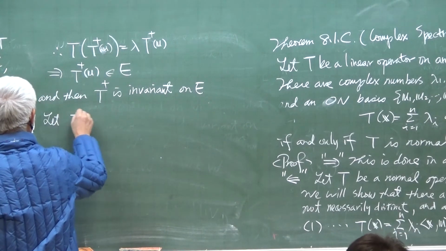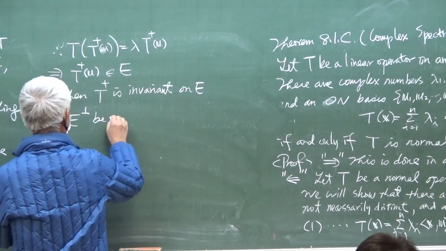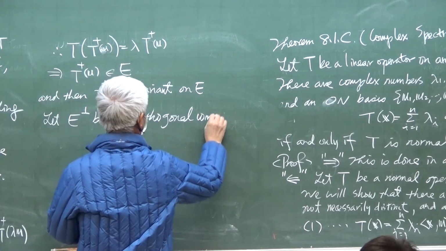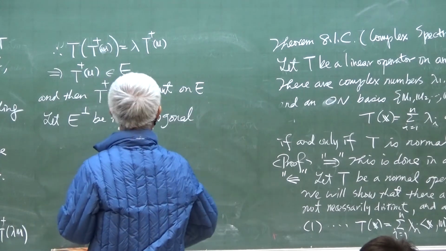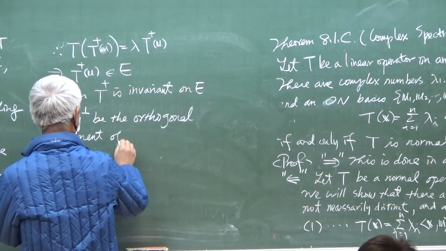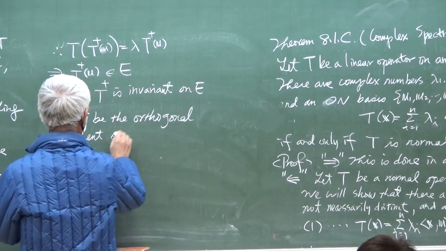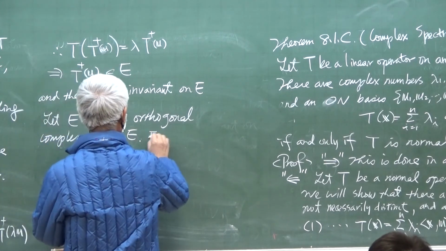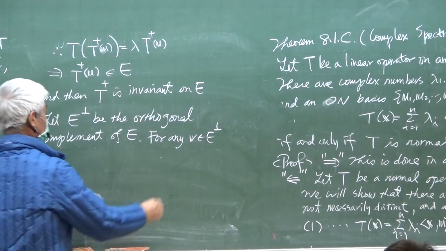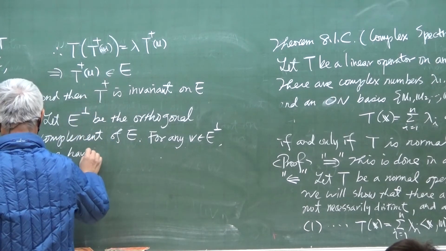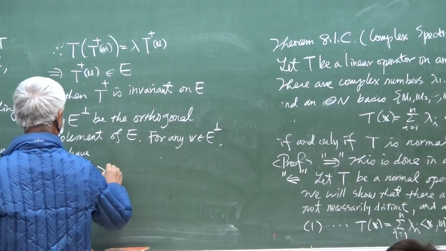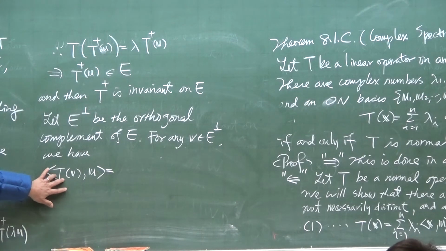So now let E perp be the orthogonal complement of E. Now, for any v in the orthogonal complement of E, we consider the inner product of Tv with u.